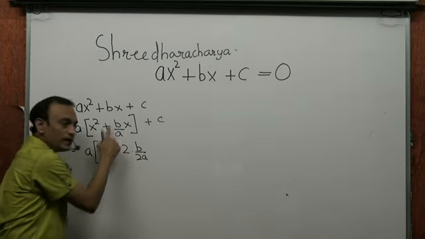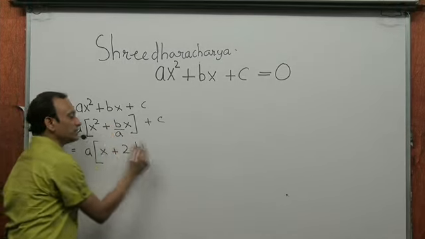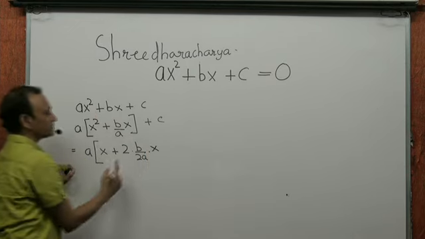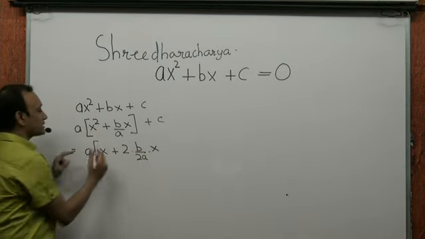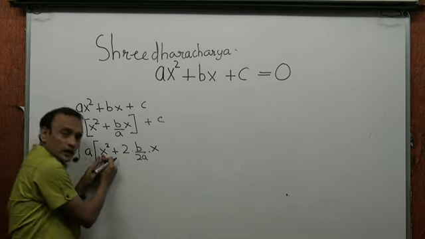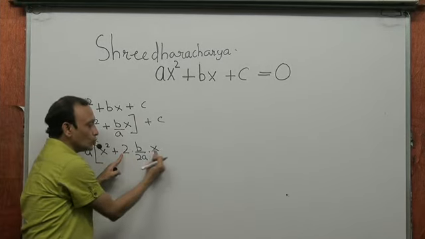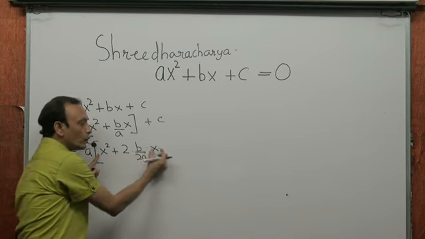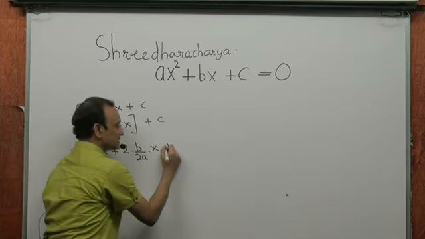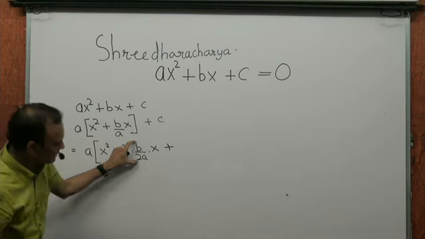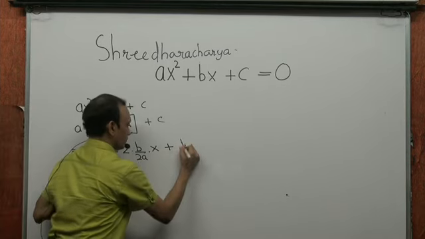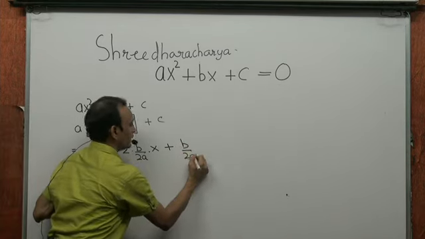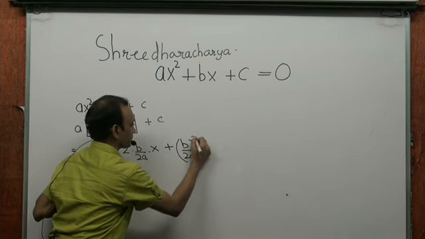Multiplied and divided by 2, both numerator and denominator here, right? And then it's like x squared plus 2xy plus y squared, where this is my y, b by 2a, whole squared.